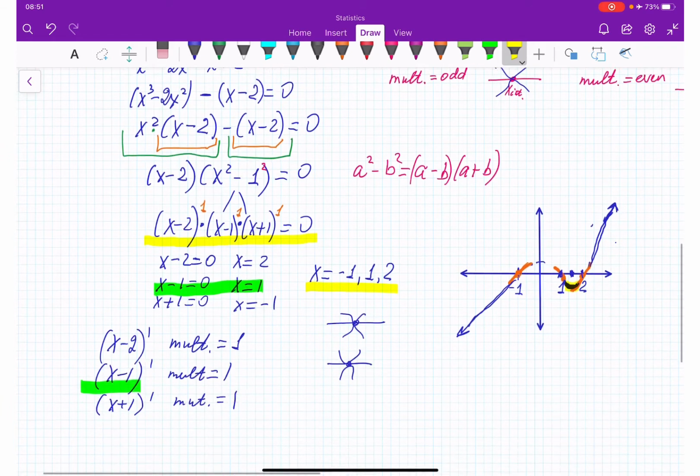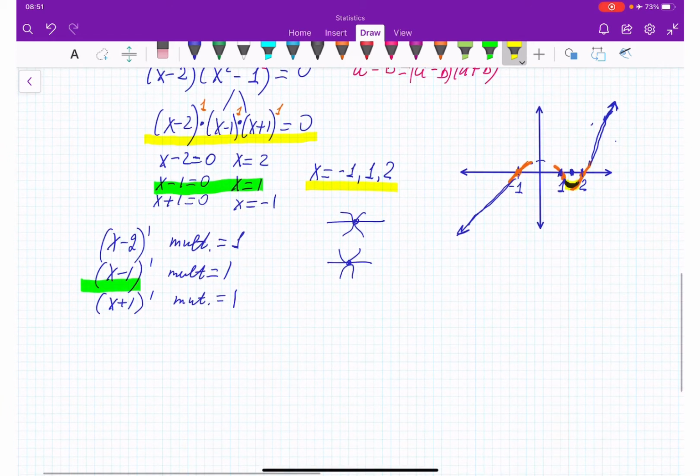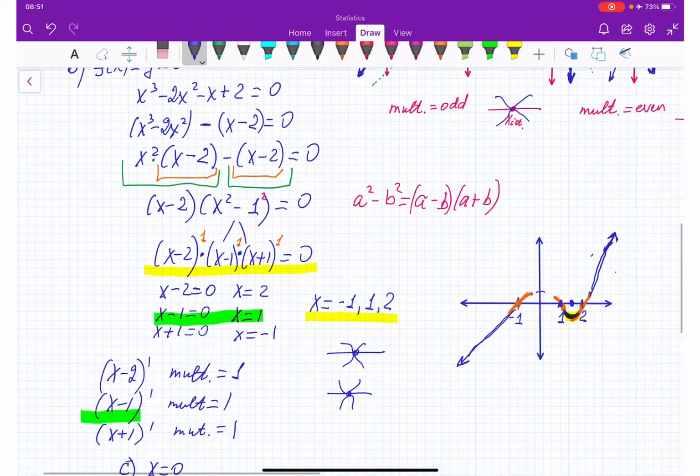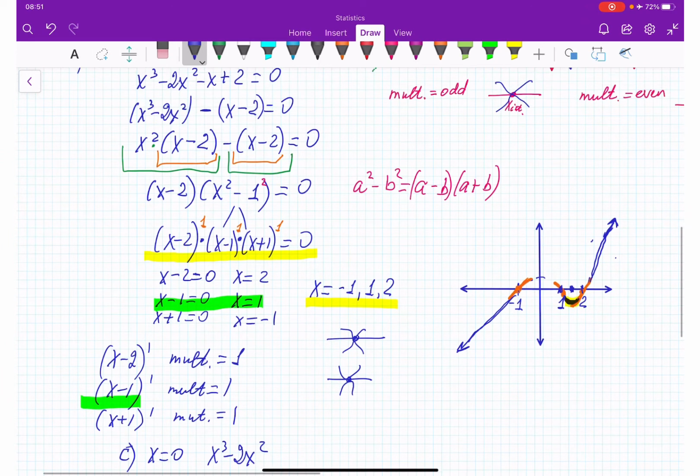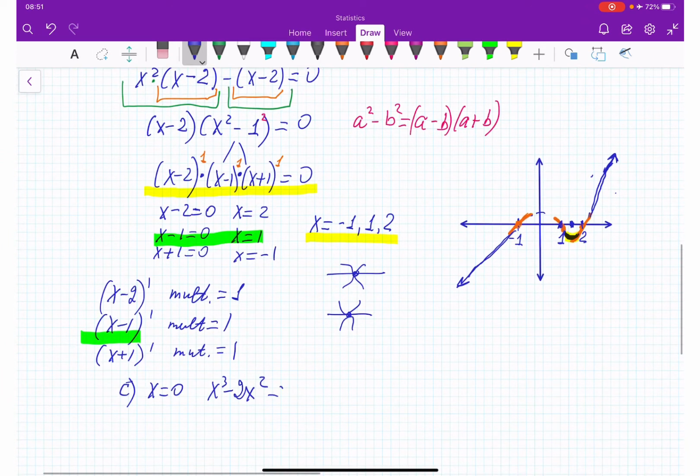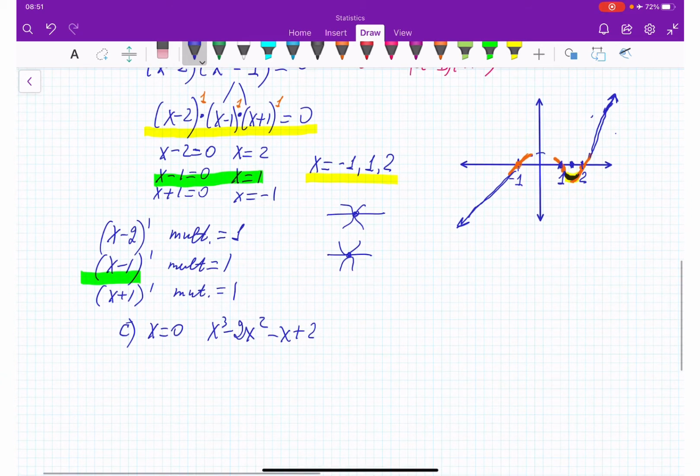But I can find the y-intercept to see where it's crossing y. To find the y-intercept, I have to take x equal to 0. So if x is equal to 0, what do I have? For x cubed minus 2x squared minus x plus 2, our original problem, how much is it going to be?